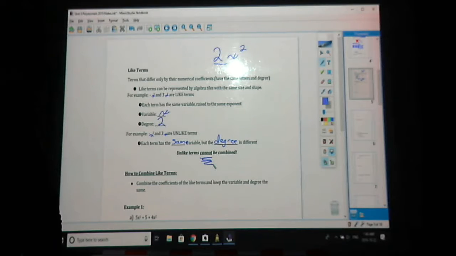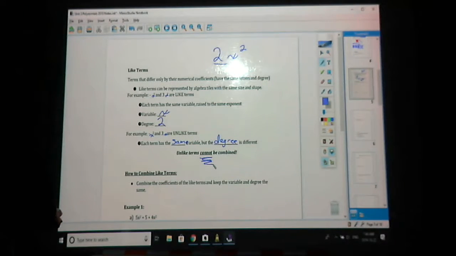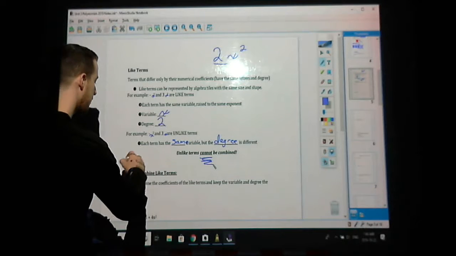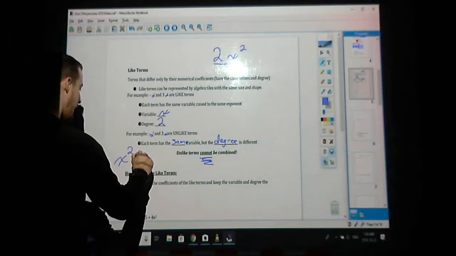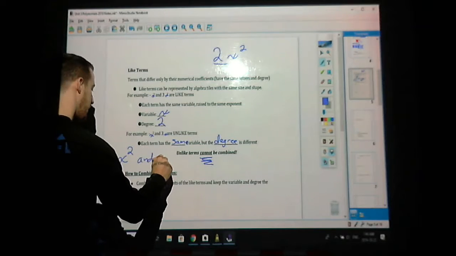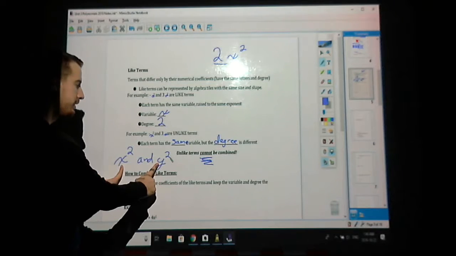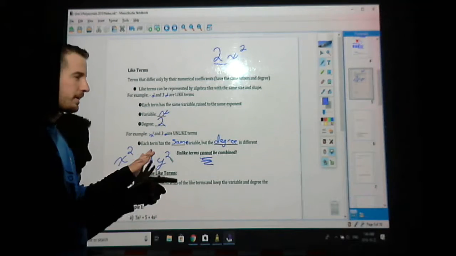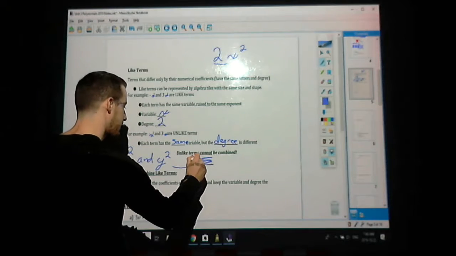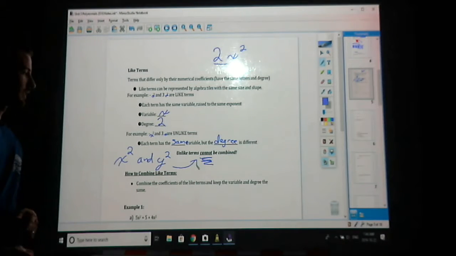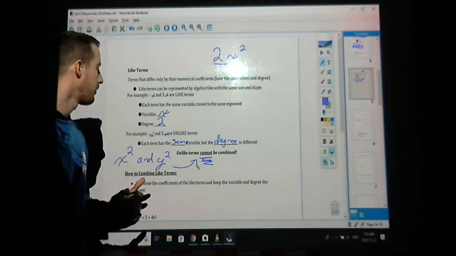Okay? The one thing I will also mention is if we have different variables. We looked at different degrees, but if we had x squared and y squared, they are not the same variable. So they cannot be combined, even though they have the same degree. Okay, just to hopefully clarify some of this, and then we'll be able to keep going.